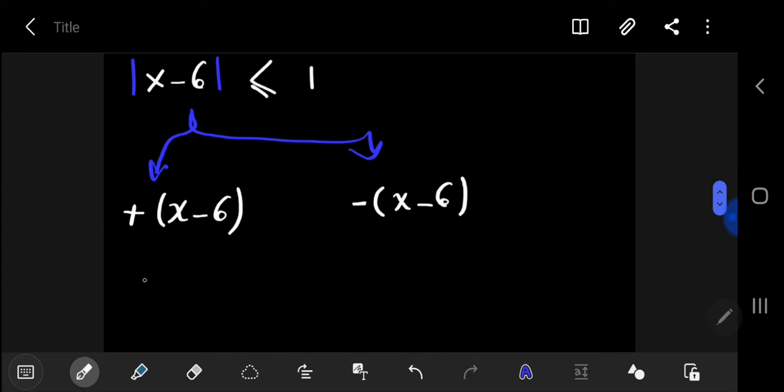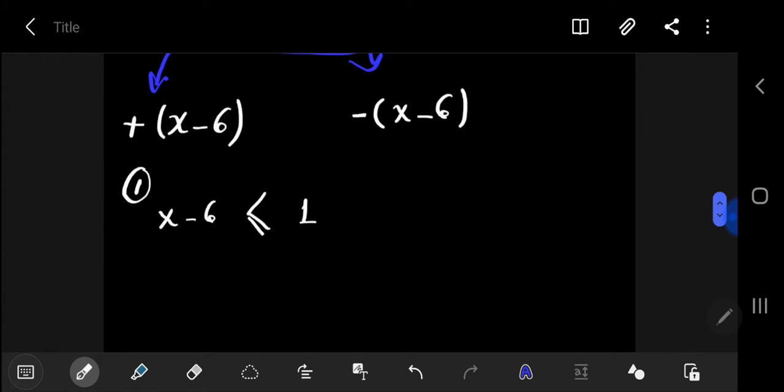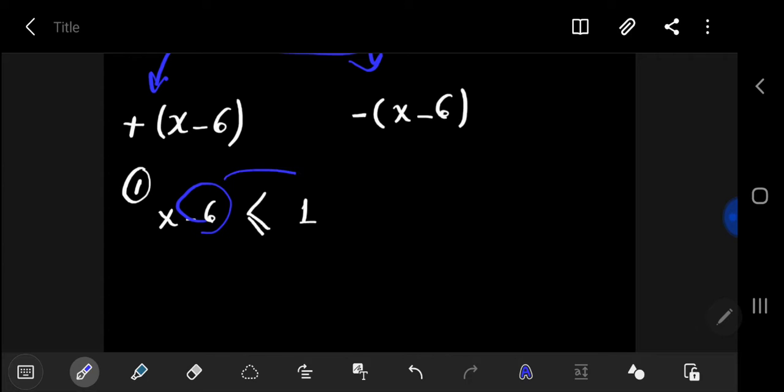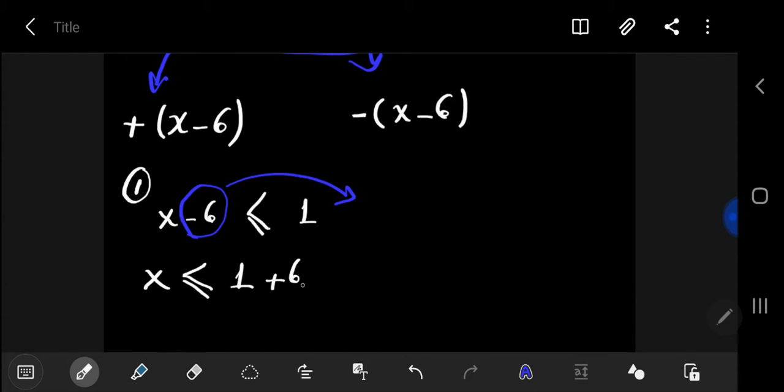I will take the first one. I say x minus 6 smaller than or equal to 1. I do the same steps. I will move minus 6 from the left-hand side to the right-hand side. The sign will change from minus to plus, so x smaller than or equal to 1 plus 6.